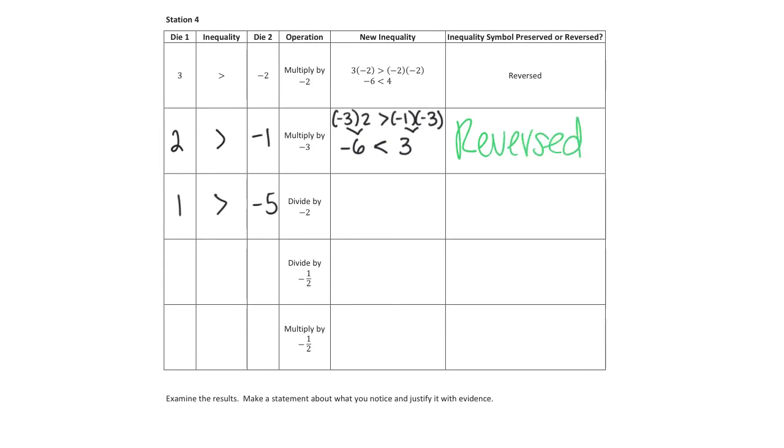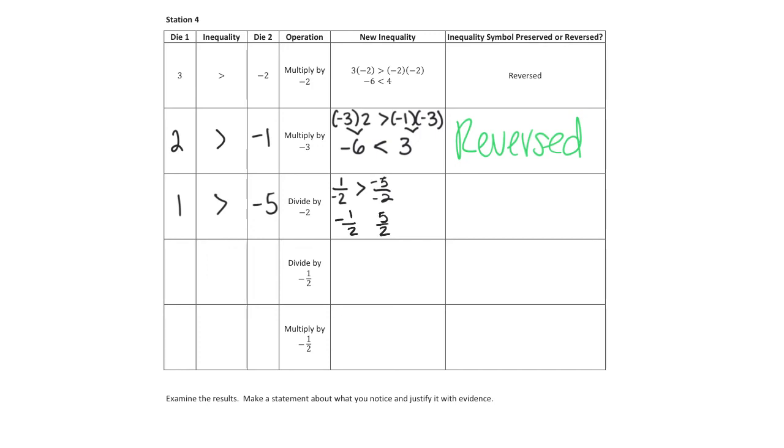Great. Now I have 1 is greater than -5. Let's divide both sides by -2. Now I have -1/2 here, and then I have -5 divided by -2, which is going to give me a positive value of 5/2.